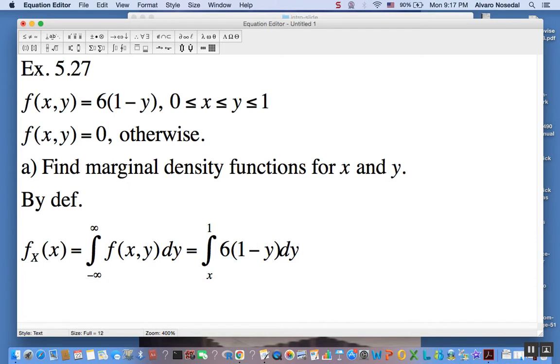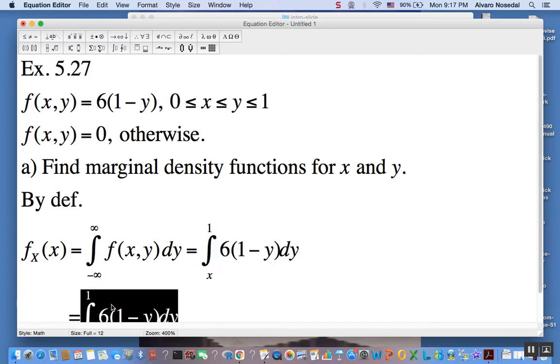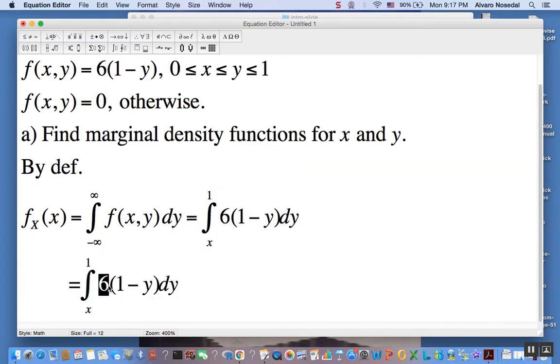Now let's try and do that integral. We know that we can factor out that 6 by the linearity of integrals. So let me pull that one out. Now note that this is the same as 1 minus y to the power 1.